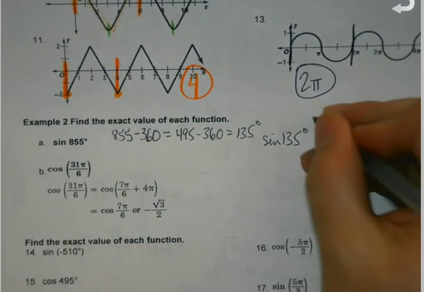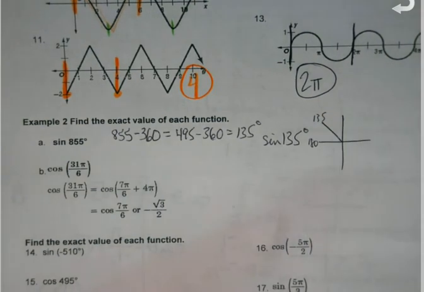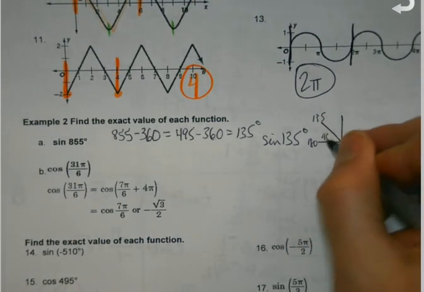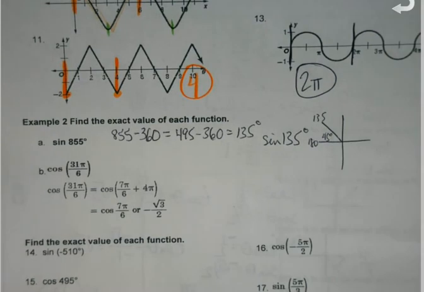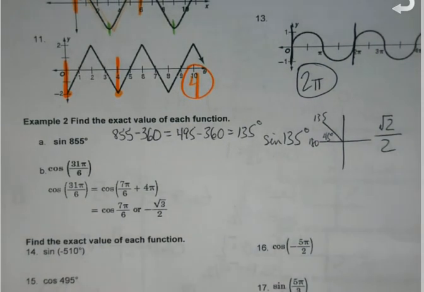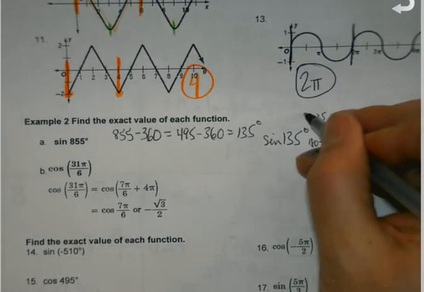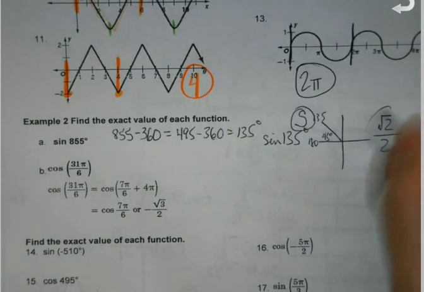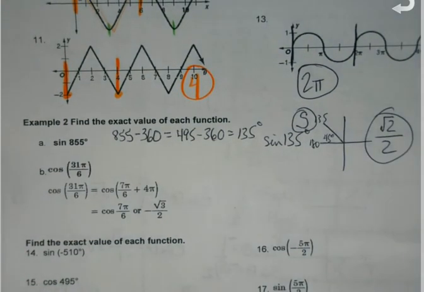If this is 135 degrees, my nearest x-axis would be 180. So my reference angle is 45. So I need the sine of 45 degrees, which is the square root of 2 over 2 from my unit circle. And since I'm in the second quadrant where sine is positive, I get my answer.